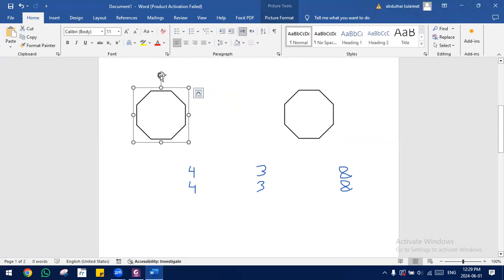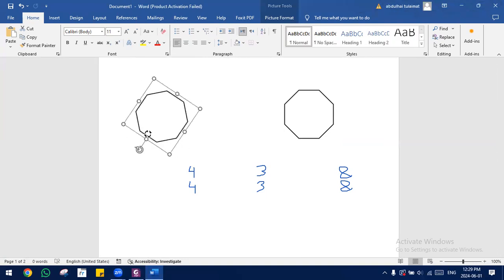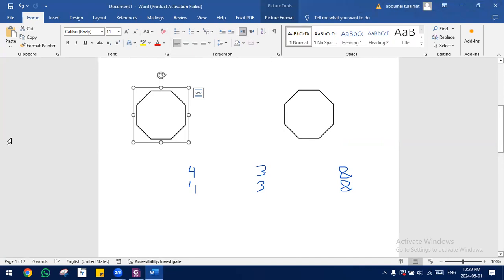Okay, let me do 8 rotations. 1, 2, 3, 4, 5, 6, 7, and then 8. So when I rotate them, I had 8 shapes that are similar to the original one.